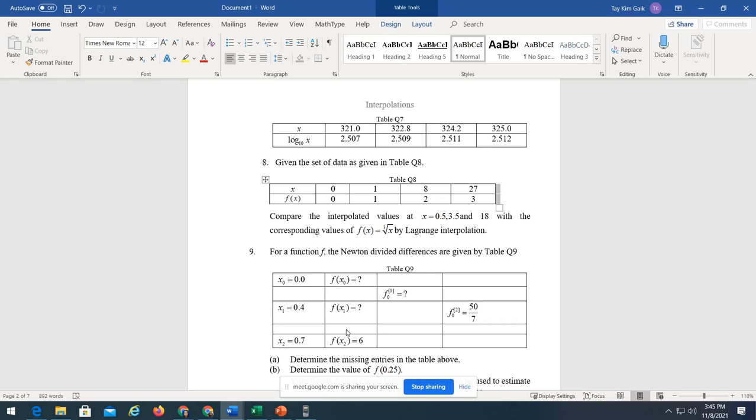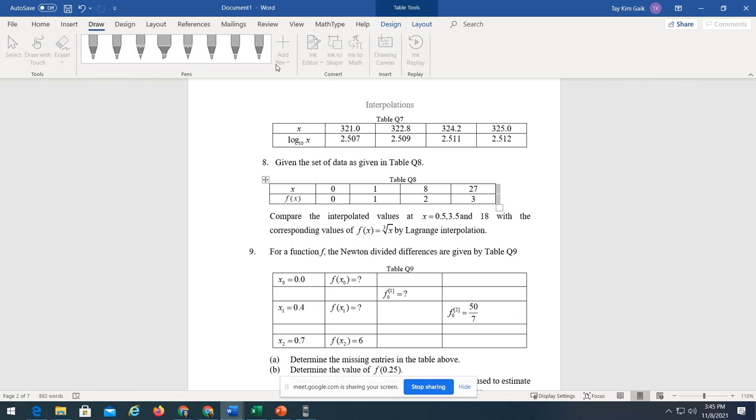Using this data, estimate F of 0.5 using Newton divided difference.